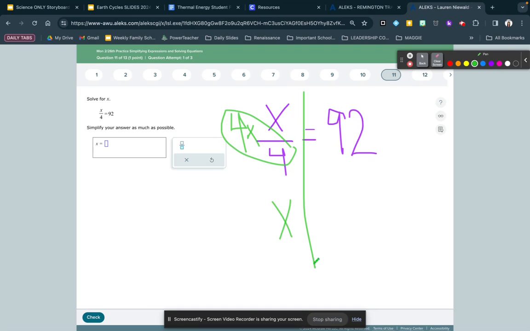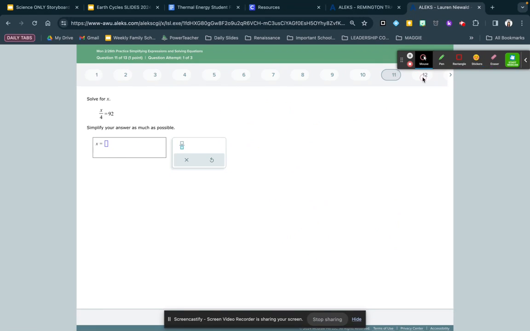So if I multiply this side by 4 to get x isolated, then I'm going to multiply this side by 4, because whatever you do to one side, you have to do to the other. So I'm taking 92 and multiplying it by 4. That is what I need to enter as my answer. Okay, x equals 368.